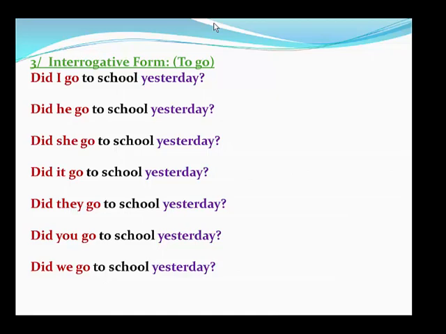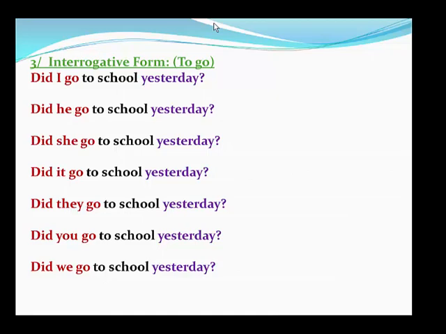Also in the interrogative form, I can't write a question without using the helping verb do, the auxiliary verb do. So, as you see, I start my sentence with the verb, then the subject, then the base verb. Did I go to school yesterday?